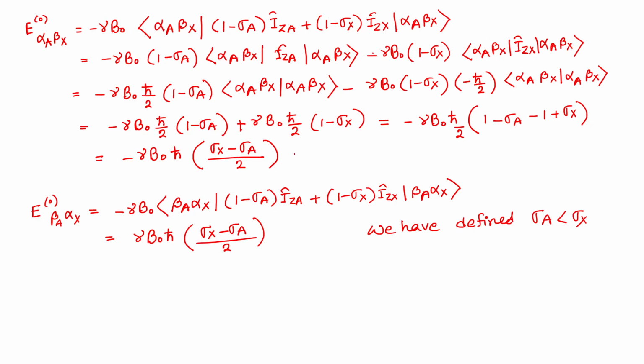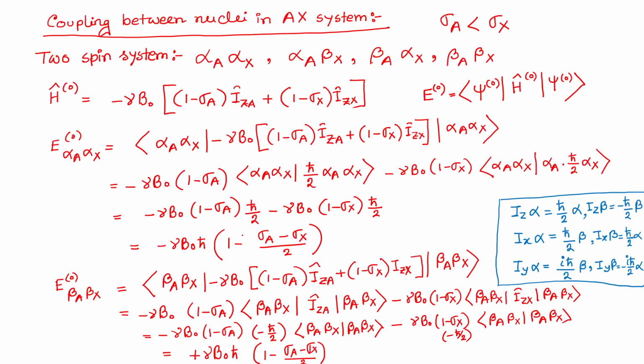So this is a positive, so this is a negative quantity altogether, and this is a positive quantity. Same for this also. This is sigma A minus sigma X, which is going to be negative. 1 minus negative will be a positive quantity. Overall it is a negative quantity, and this is also a negative quantity, right?